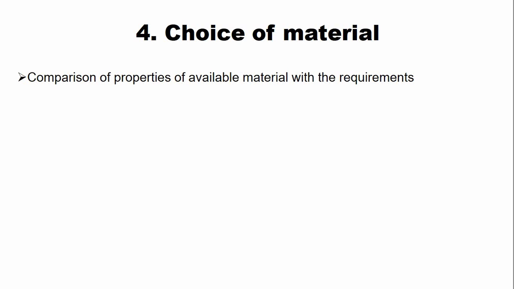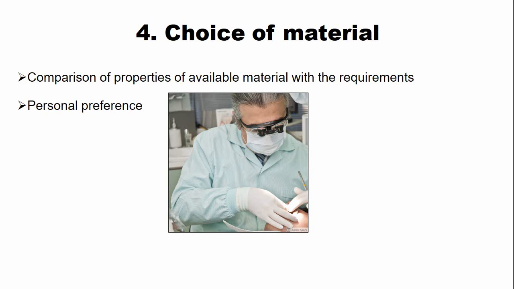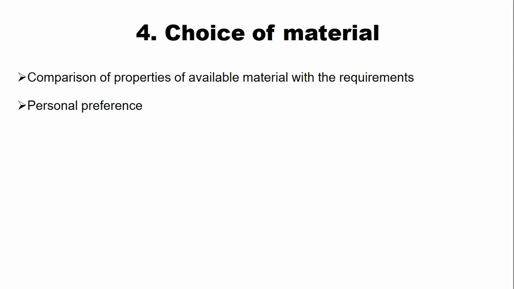First, you have to compare the properties of the available materials with the requirements. After the comparison, the choice of the material is also dependent on the personal preference of the dentist. For example, some old school dentists are more comfortable handling dental amalgam, and some new dentists prefer tooth color restorations, or they find the handling of dental composite easier.